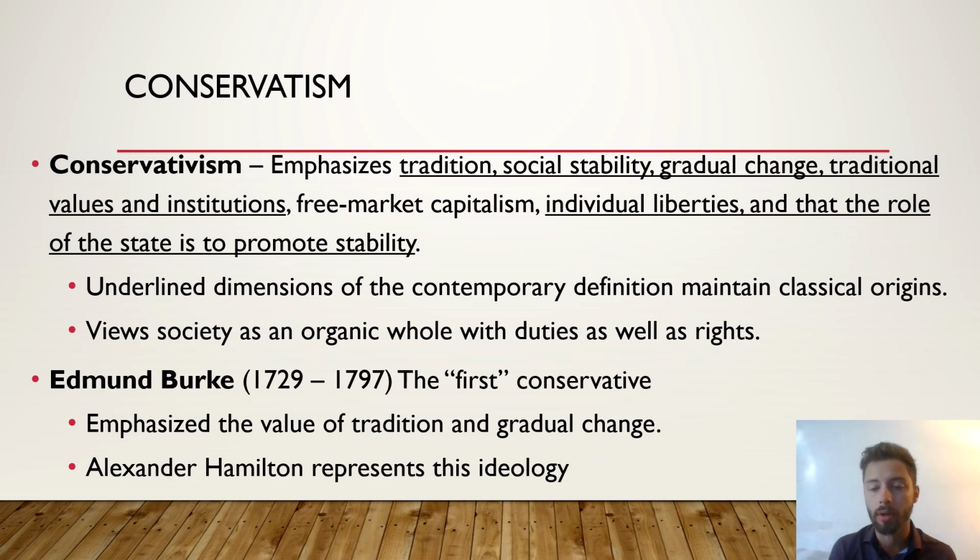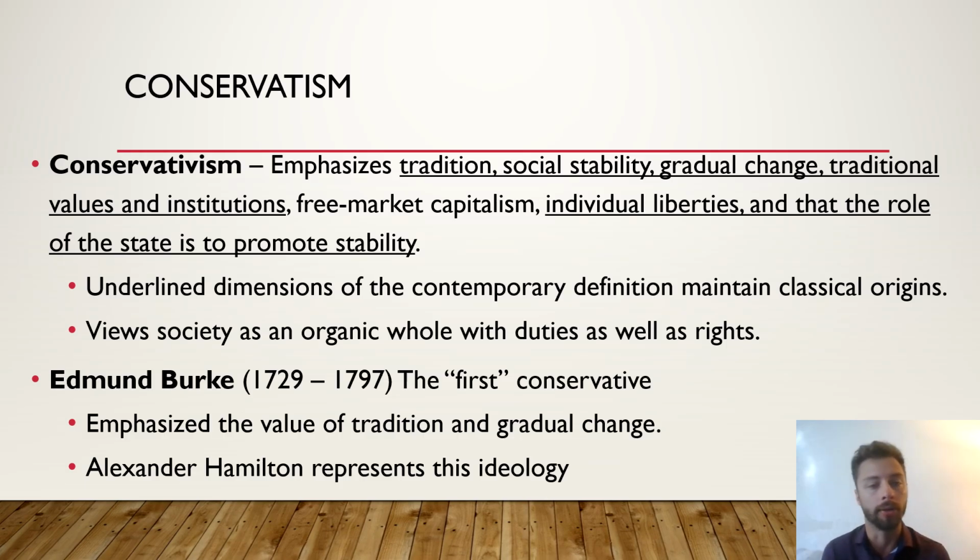Now, how does conservatism differ? Conservatism emphasizes tradition, social stability, gradual change, traditional values and institutions. Contemporary definitions maintain a focus on free market capitalism, individual liberties, and that the role of the state is to promote stability.